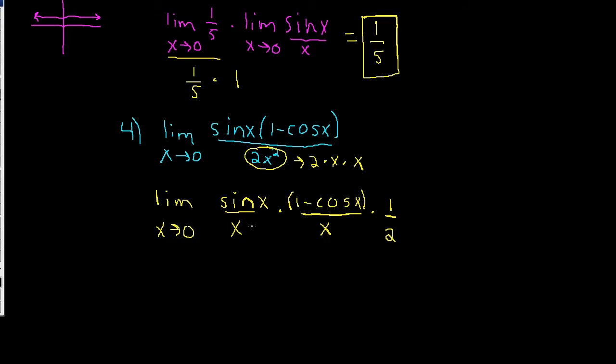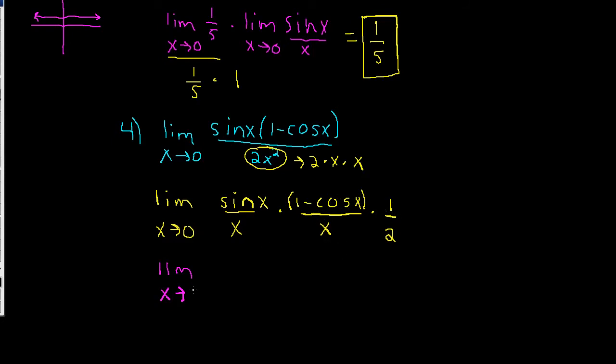Well, this looks pretty familiar. We know the limit of this, we know the limit of this, and the limit of a constant is simply that constant. So just to be thorough, let's rewrite the limit statement here. I don't know that I would do this every single time. You'll get to a point where you can just say, well, that's 1, that's 0, and that's 1/2, so the whole thing will be 0.